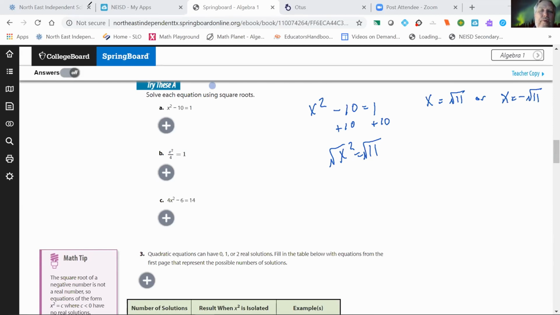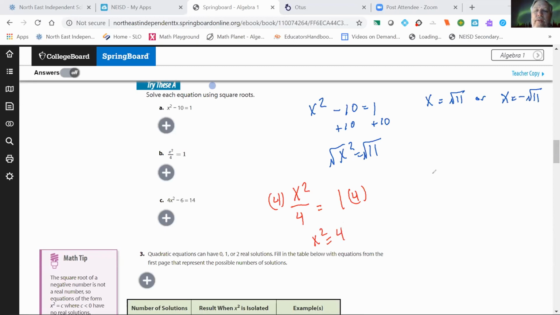Okay, so the next one is x squared over 4 is equal to 1. You can think of this as x squared divided by 4, so the opposite operation is to multiply both sides by 4. That's probably the easiest way.